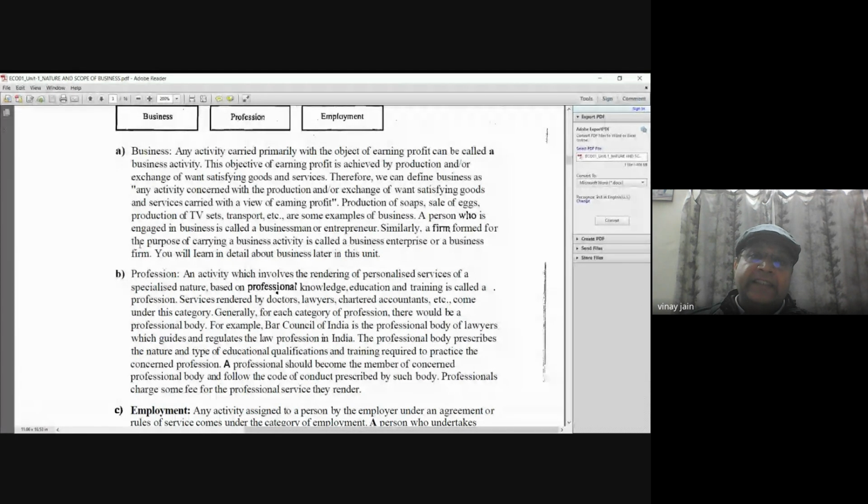This is the important definition. Examples of business: production of soap is a manufacturing business, sale of eggs is a trading business, production of TV sets is manufacturing, and transportation is also a kind of business. I think the idea of business is clear to you.